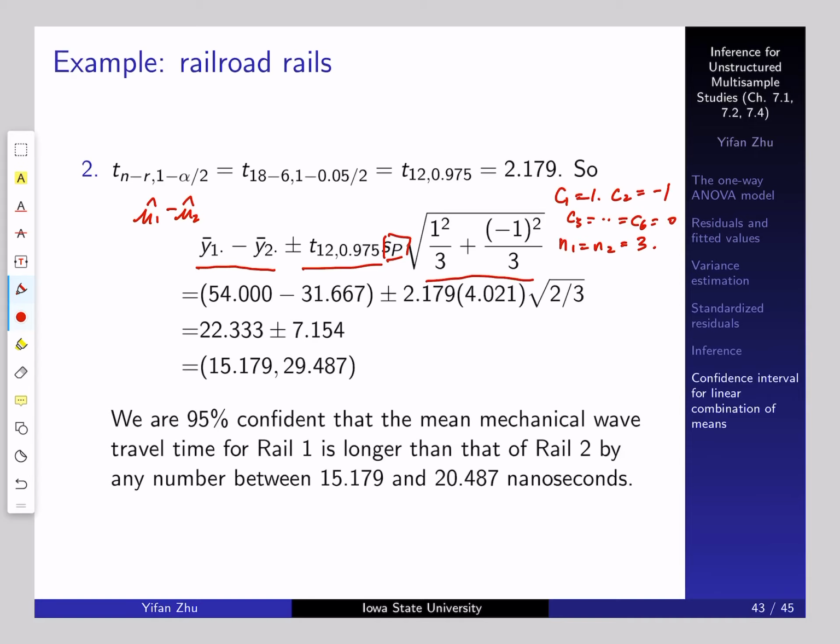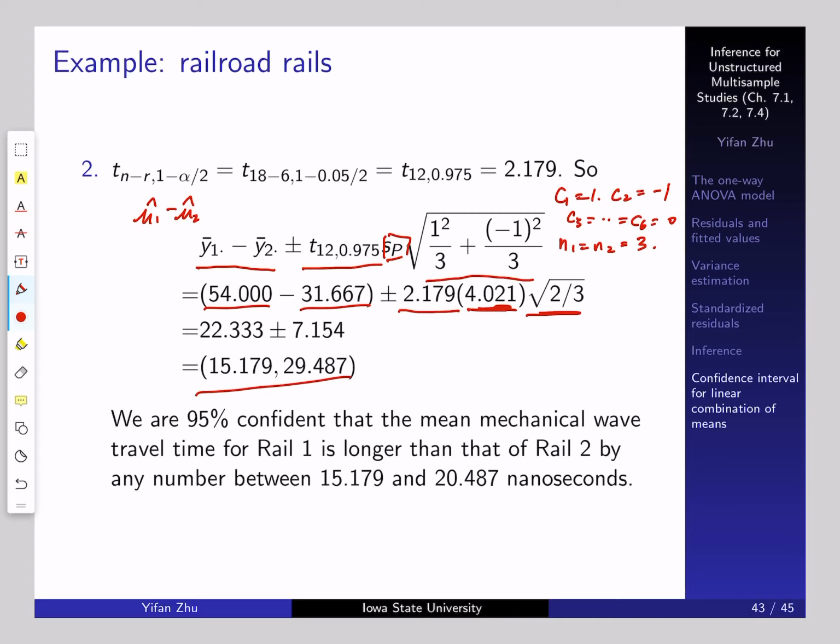So plug in all the numbers. These two are obtained in the JMP output. This is from the table before, and this is also from the JMP output. Then the number in the square root is 2 over 3.